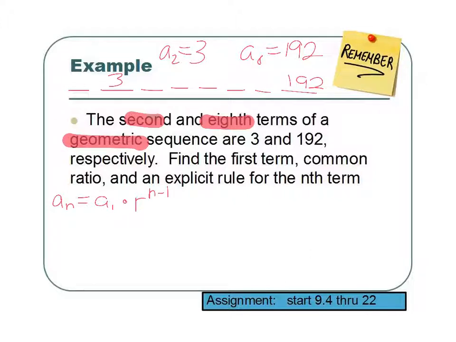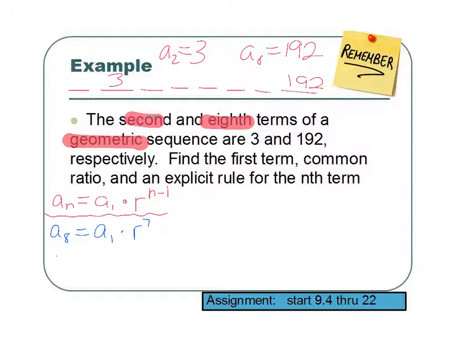Okay, so let's take that the next step. Let's say that since I know the 8th term, that would be equal to the first term times r to the 7th power then, right? But the problem is I don't know the first term, and I don't know r. I do know a sub 8, but there's too many unknowns here.